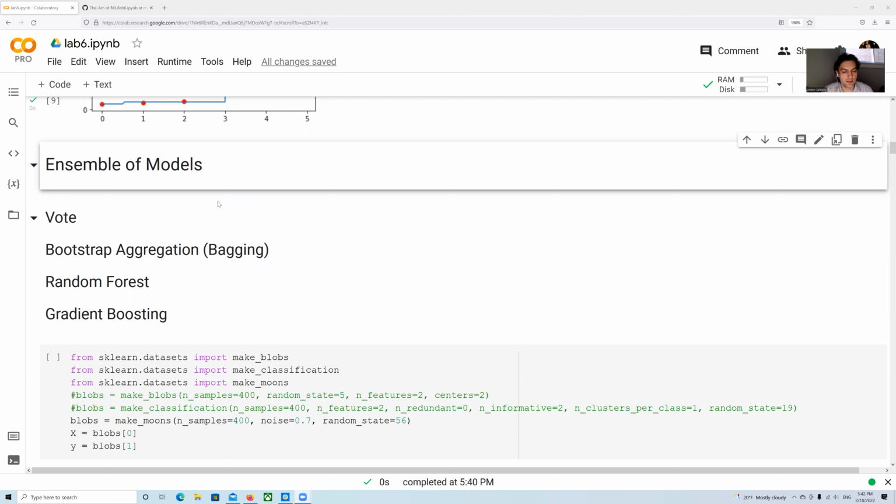The first one is based on voting. For example, if you have several experts and they give their decision about something, we choose the most popular decision. And in case of regression, if our experts give us numbers, then we take the average of these numbers.